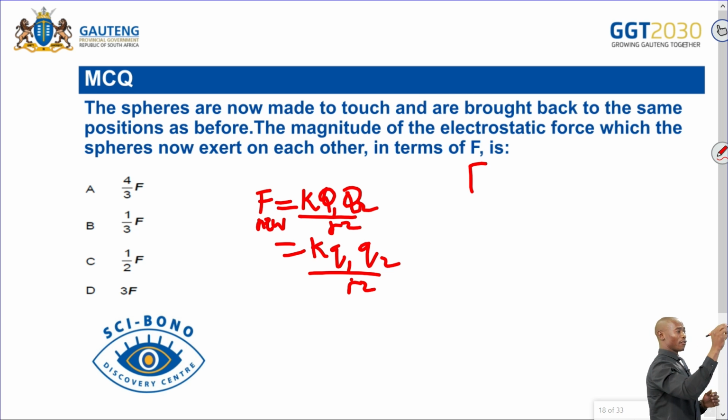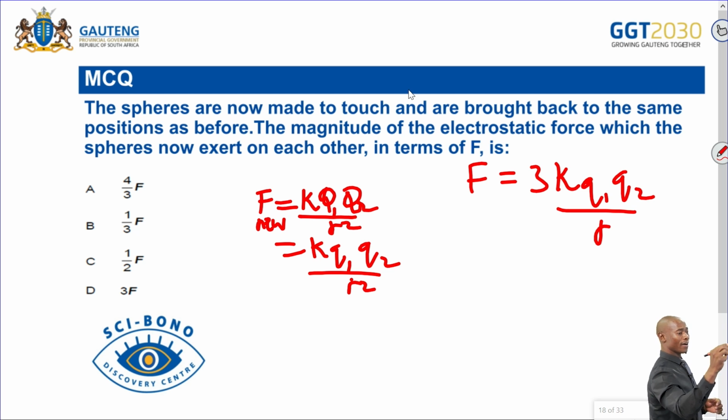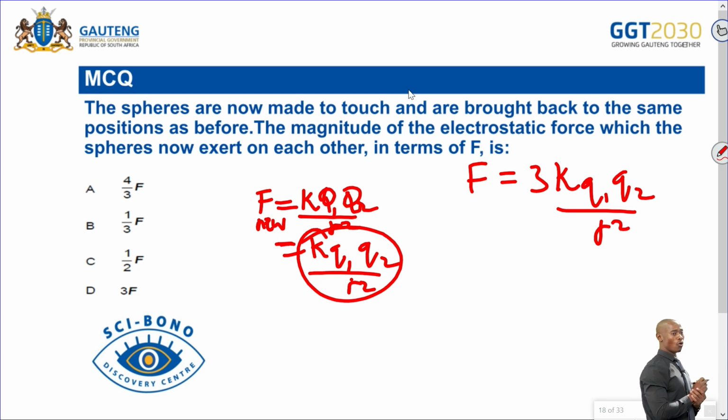I have the original one as F equals 3K Q1 Q2 over R squared. Then this one is KQ1 Q2 over R squared.